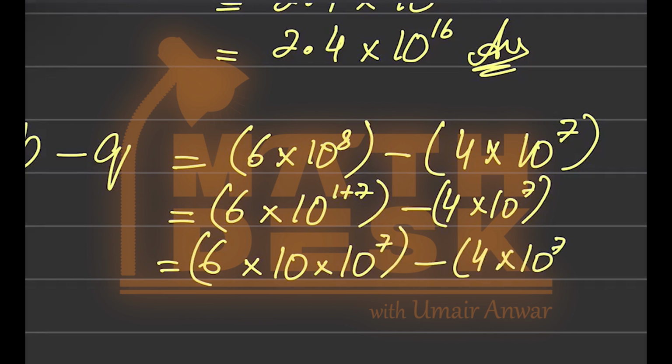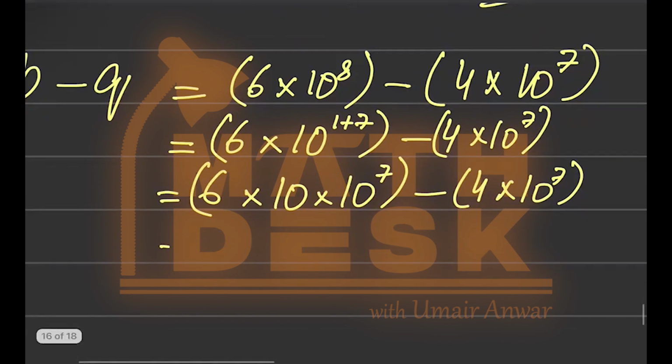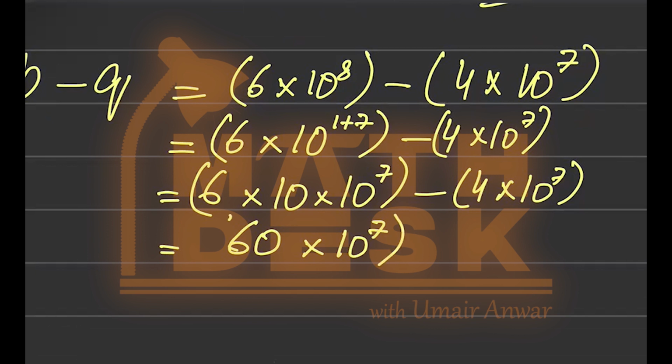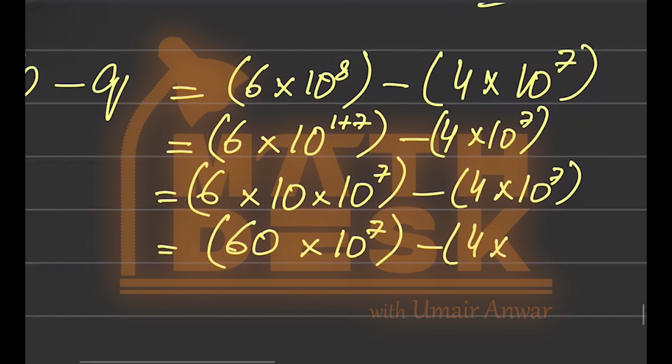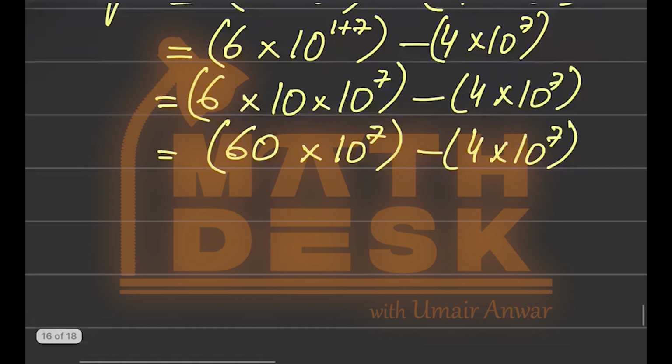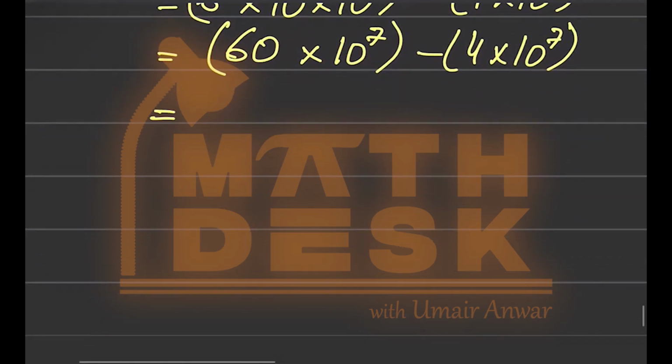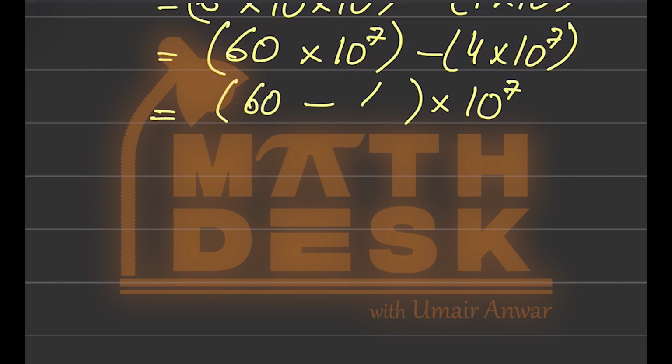And now if I multiply 6 with 10, it becomes 60 into 10 raised to 7 minus 4 times 10 raised to 7. Now 10 raised to 7 is a common factor over here. So this would be taken as common. From the first term, we have 60, minus from the second term, we have 4. So it becomes 56 into 10 raised to 7.